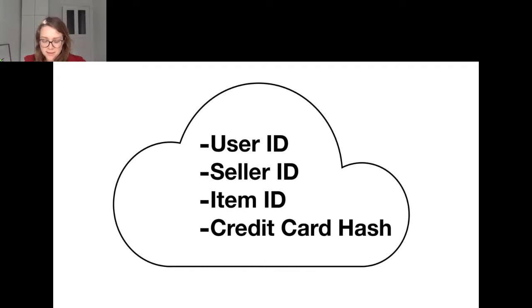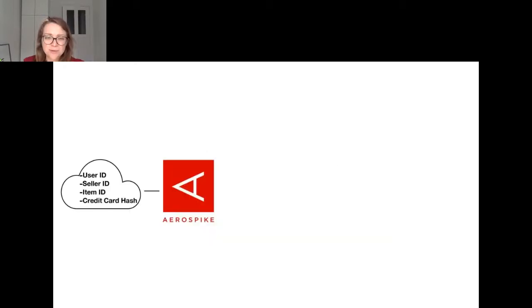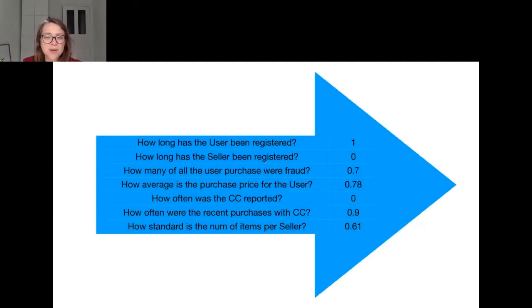And this is a good amount of information. But as we know with machine learning, the more data points you have, the more accurate your prediction is, right? So they take that information and run it through Aerospike, one time for the user ID, one time for the seller ID, one time for the item ID, one time for the card hash, and pull out each of those values as an input feature vector.